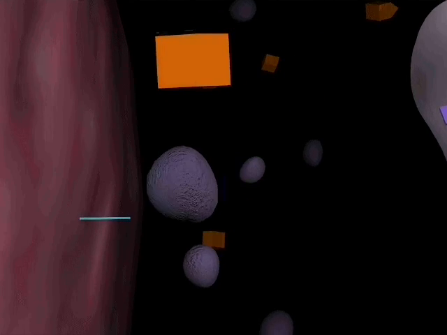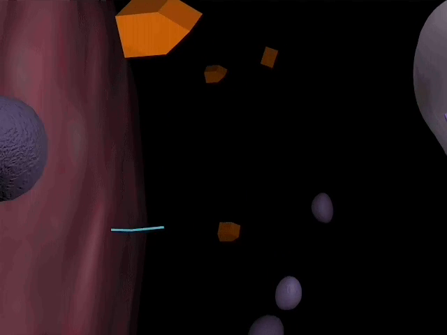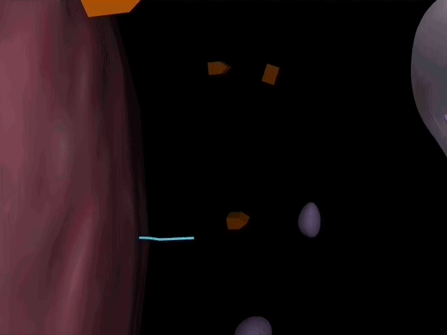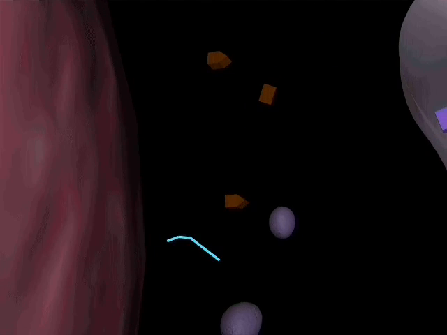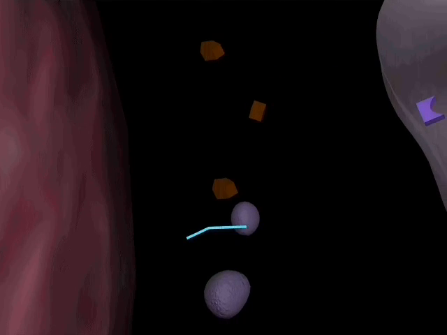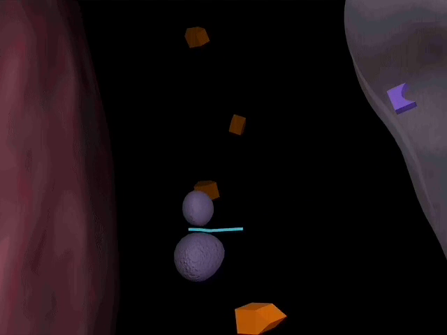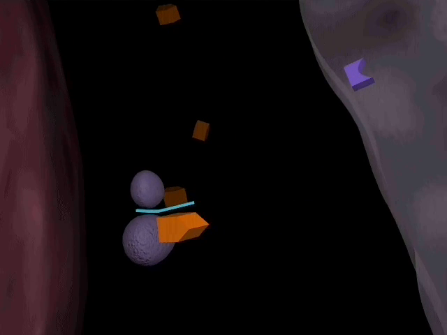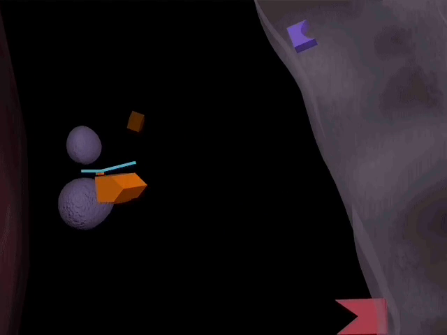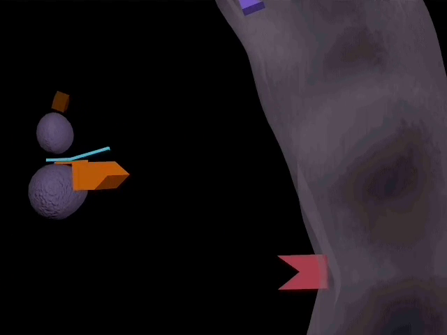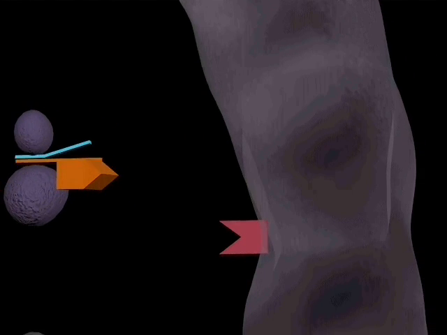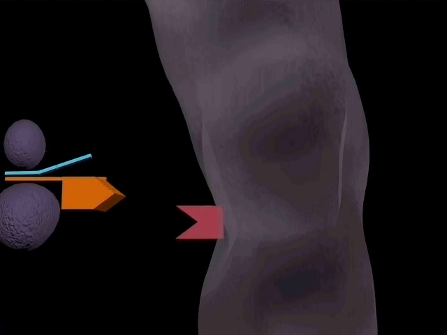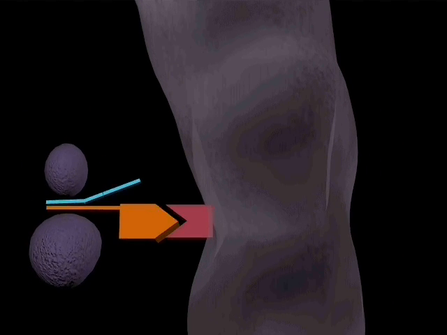In the cytoplasm, ribosomes translate the information contained in the mRNA. Each triplet of bases in the mRNA encodes one amino acid in the protein. Initially, a short signal sequence is translated. This binds to a signal recognition protein, which blocks further translation until the mRNA is docked on the endoplasmic reticulum.